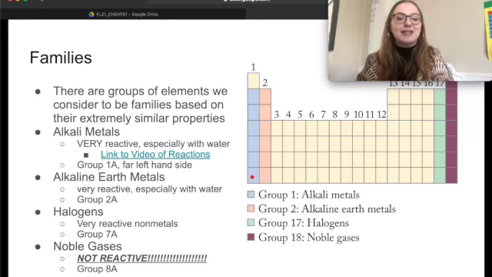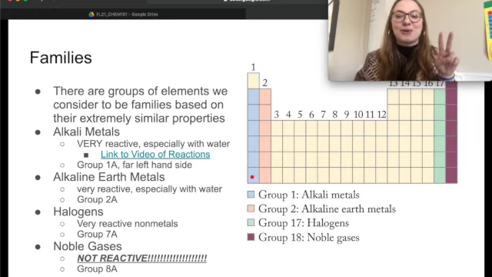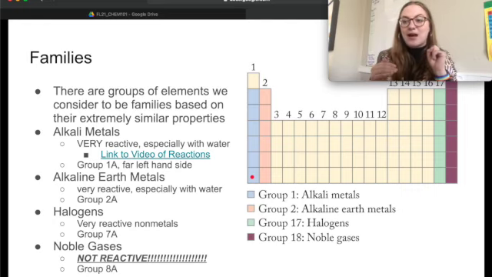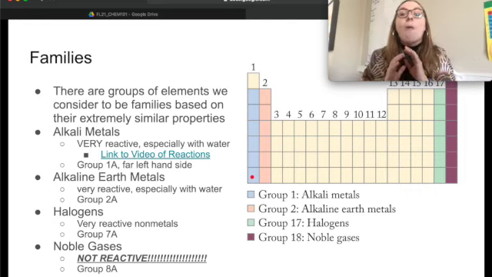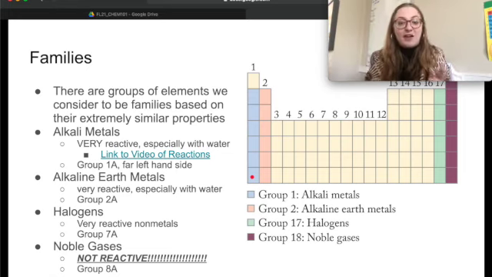Oh my goodness. They are some of my favorite things to watch react. I've seen sodium metal and maybe potassium metal react with water in person, but once you get beyond that, as you continue to go down the periodic table, they explode and go nuts when they hit water.